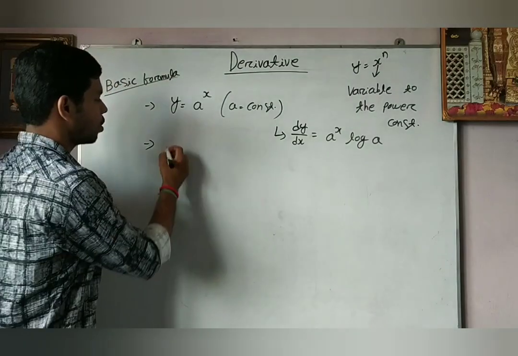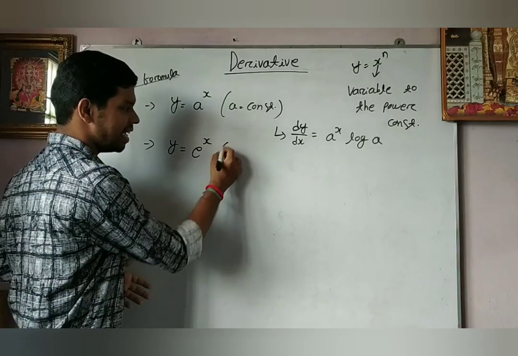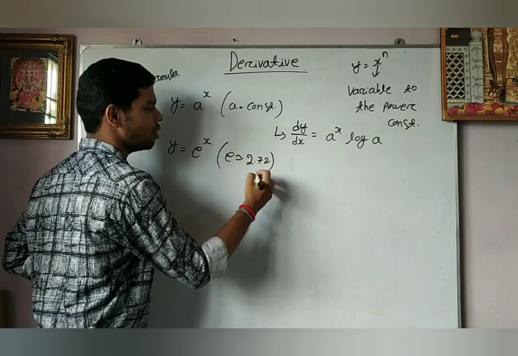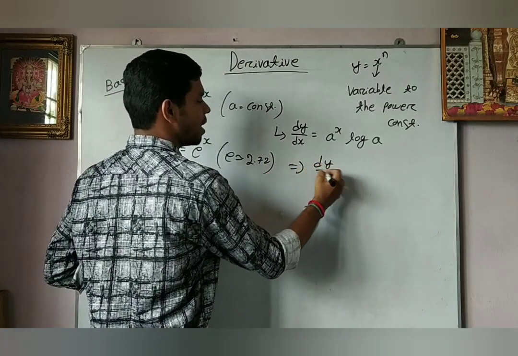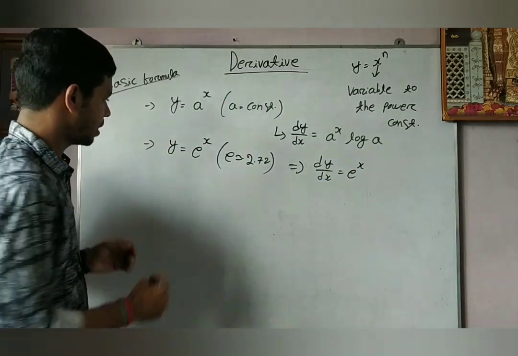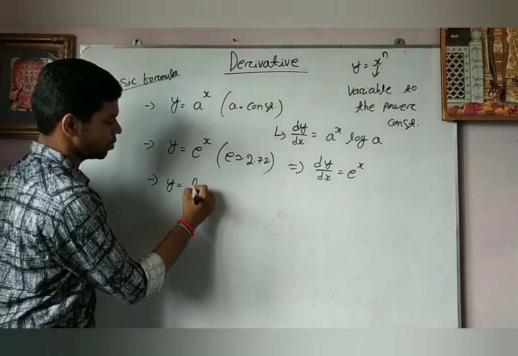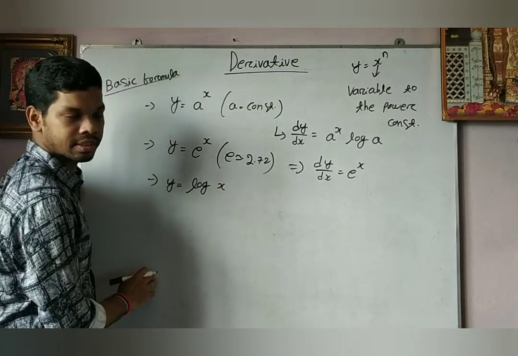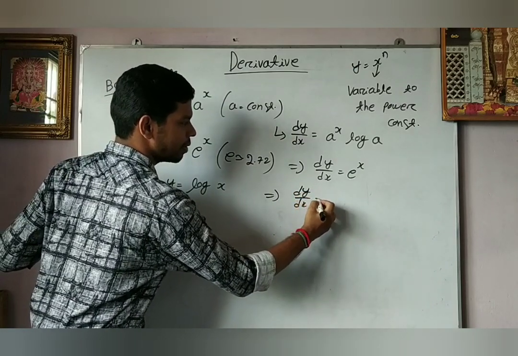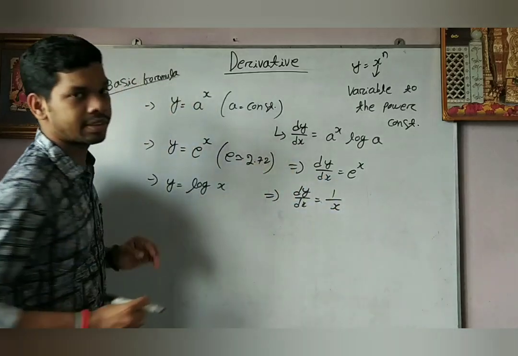Next formula, y equal to e to the power x. What is the value of e? E is an exponential function and e is nearly equal to 2.72. dy by dx equal to e to the power x. Next, y equal to log x, dy by dx equal to 1 by x.